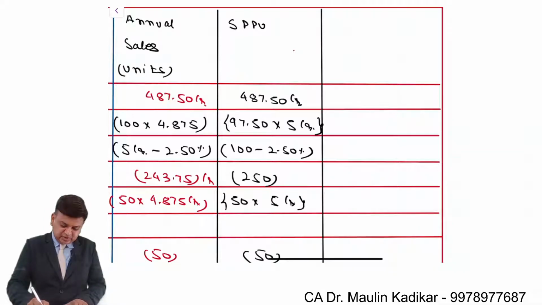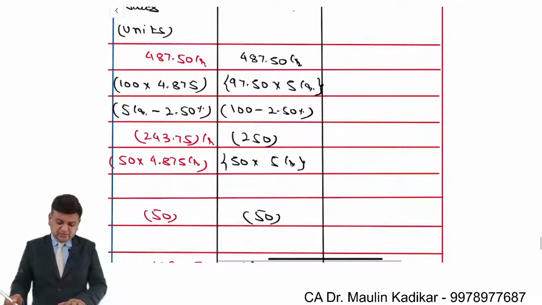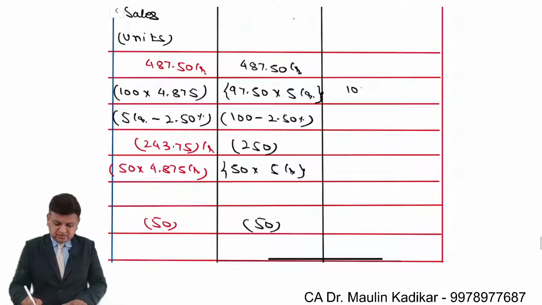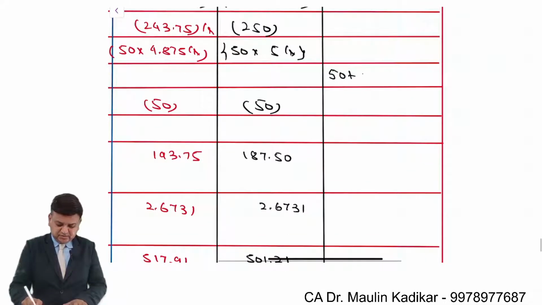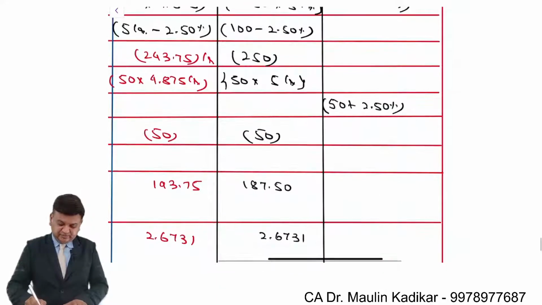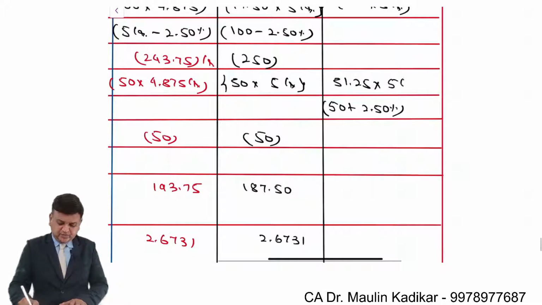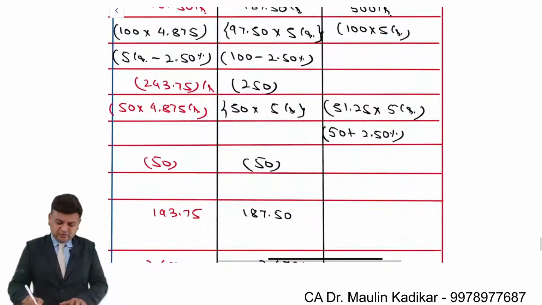Next is the variable cost per unit. So in that case, what will happen? This is 100 into 5 crore. This will be 500 crore. 50 plus 2.5 percentage, so 51.25 into 5 crore. So 256.25.